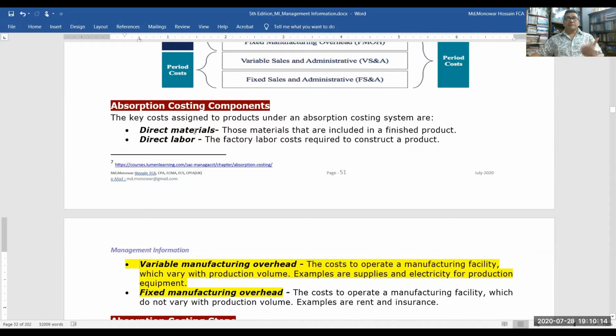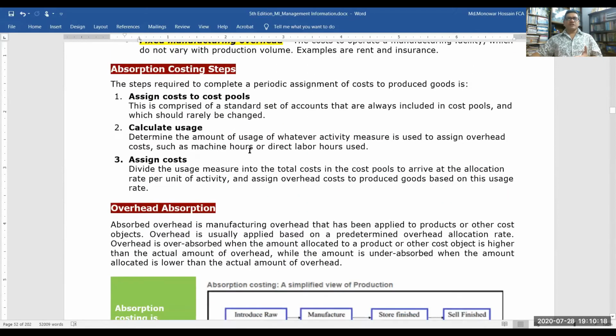What steps do we follow? The first step is to assign costs to cost pools. Then determine the activity measure used to assign overhead costs, such as machine hours or direct labor hours. Then assign the cost: divide the cost pool's total cost by the usage measure to arrive at the allocation rate per unit of activity, and assign overhead cost to produced goods based on this rate.